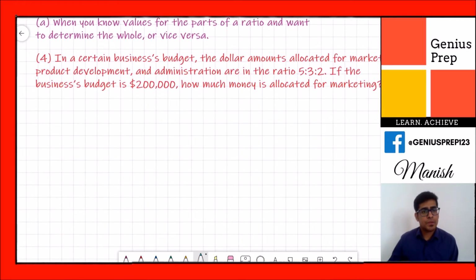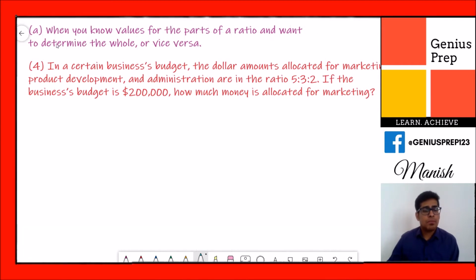So in this particular type, we will be given known values for the parts of the ratio and want to determine the whole, or vice versa. What does that mean? It means in this question you are given the ratio for the parts, and you have to find out how much amount each part contains.